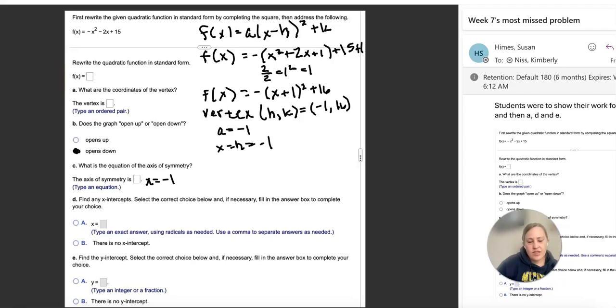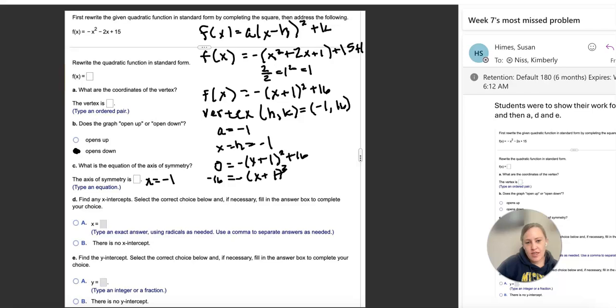Find any x-intercepts. To find x-intercepts, you just plug in 0 for f of x and solve. So we have 0 equals negative (x plus 1) squared plus 16. We subtract 16 from both sides to get negative 16 equals negative (x plus 1) squared.